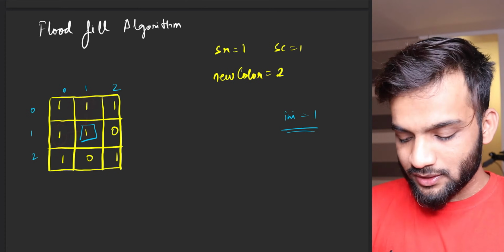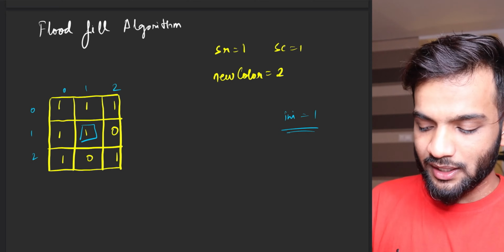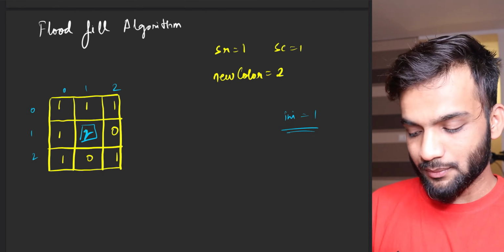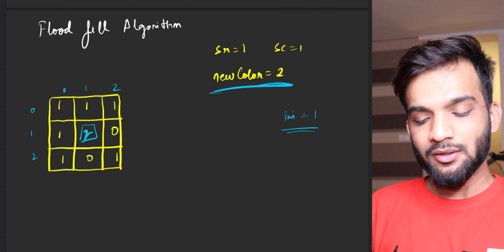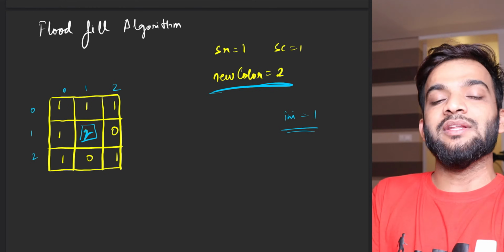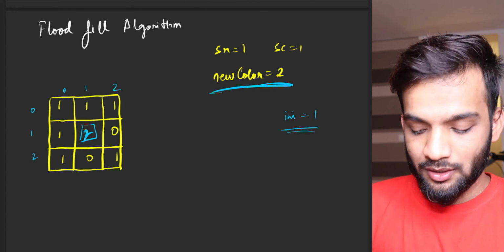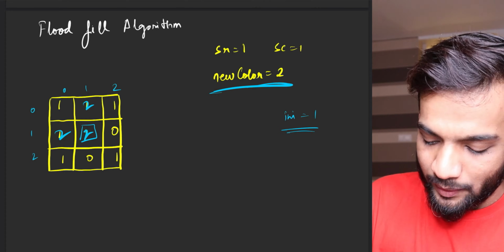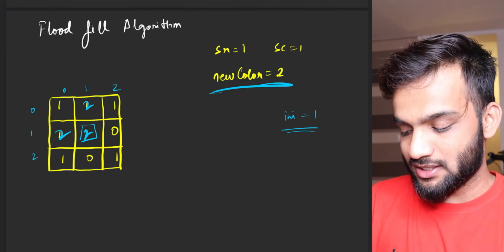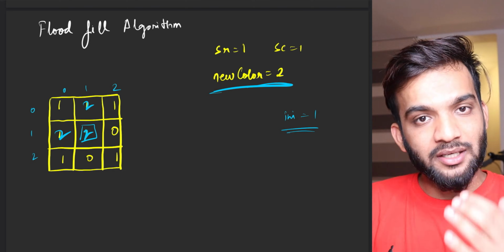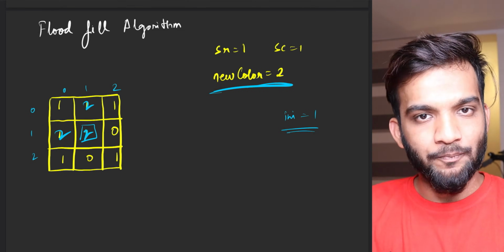So what you will do is the first color, you will color that with 2 because that is what they're asking you to color. Then whoever is connected with it, you color them with the same color. So these couple of guys were the same pixels, same 1 pixel. So you colored them with the new color that is 2, right?